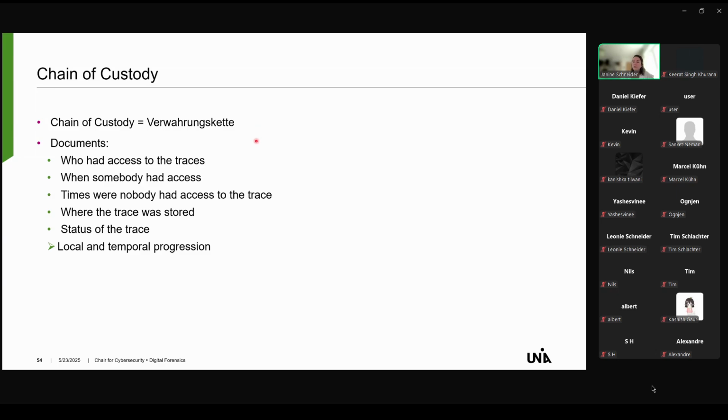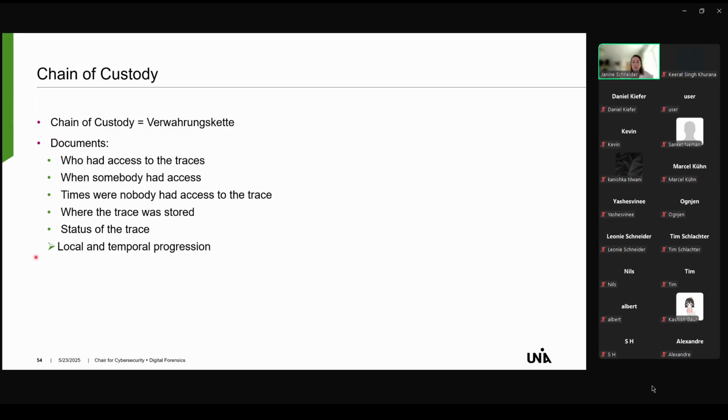And in the case of digital traces, the documentation of the chain of custody usually refers to the physical trace carrier, so the support, and copies of digital traces also have a chain of custody where you document when it was created, the hash value, who had access to it.